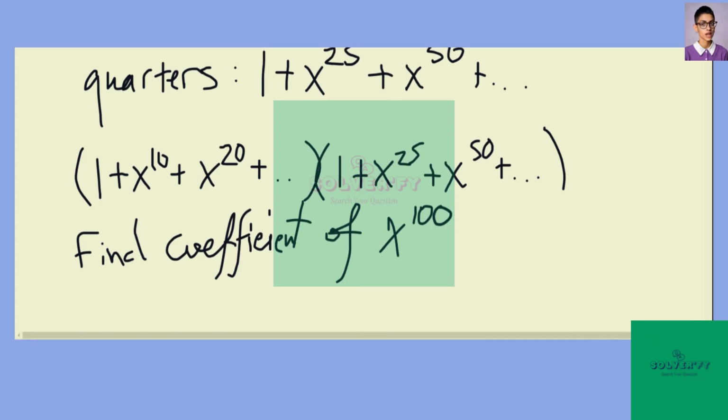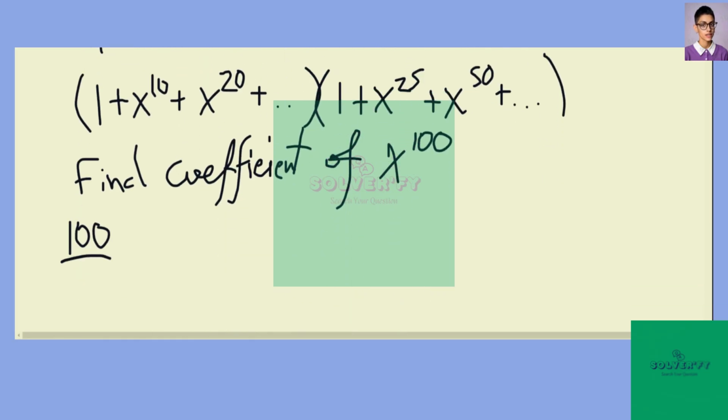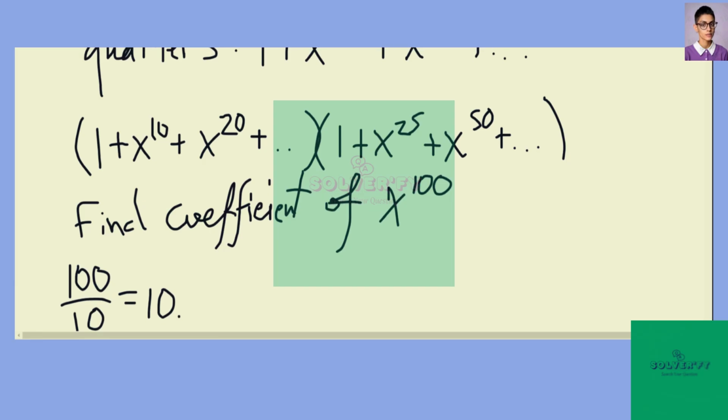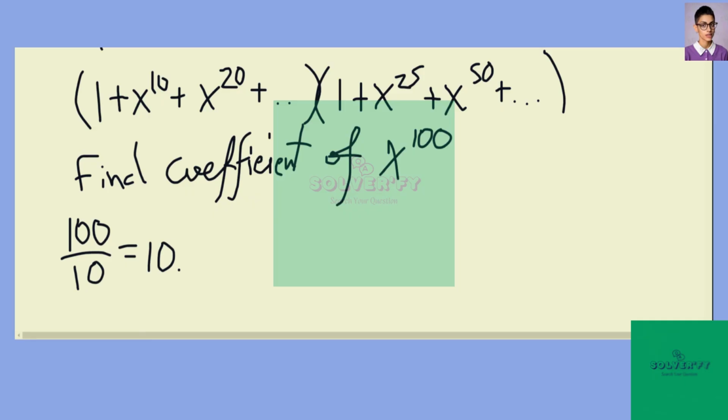To do this, notice that 100 divided by 10 is 10, and so we only need to include up to x to the 100 in both.